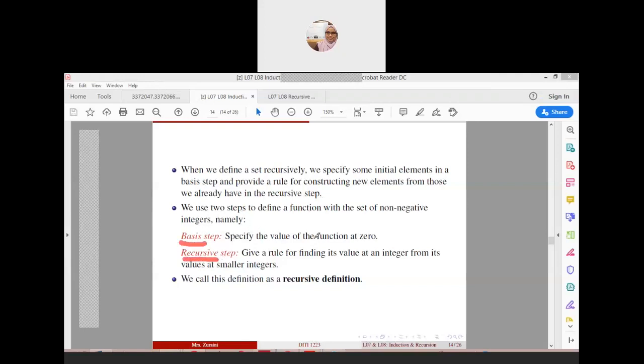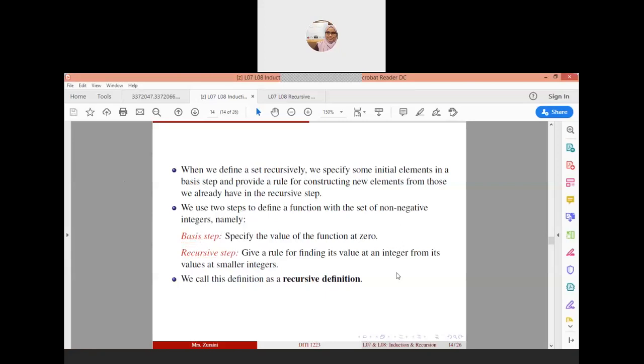Like the previous mathematical induction also has a basis step, then it has the inductive step, right? Now we have the recursive step. We call this a recursive definition. That's the important thing we have to know in this lecture, which is the basis step and the recursive step that we create.